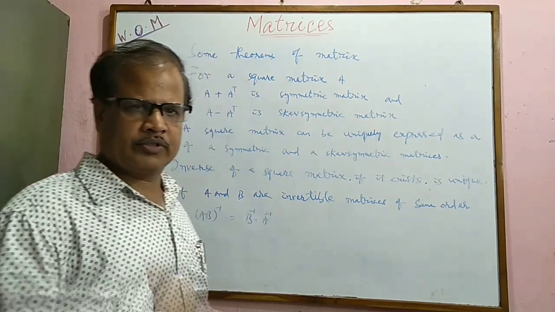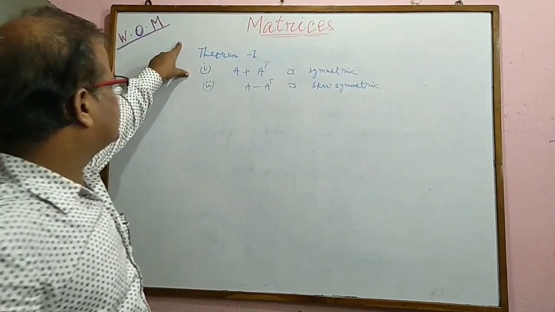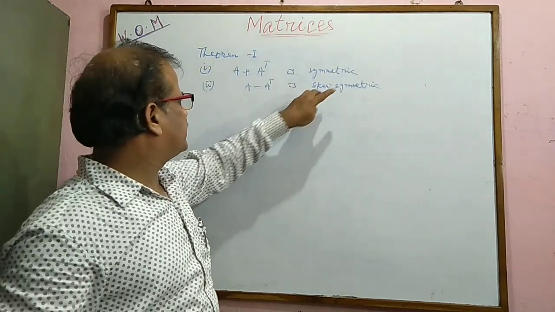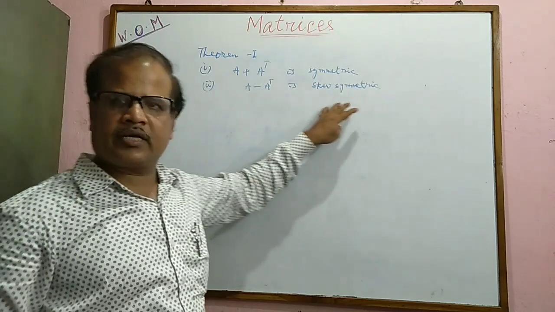Theorem 1 is, A plus A transpose is symmetric and A minus A transpose is skew symmetric. Proof.